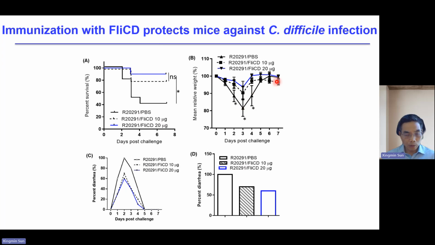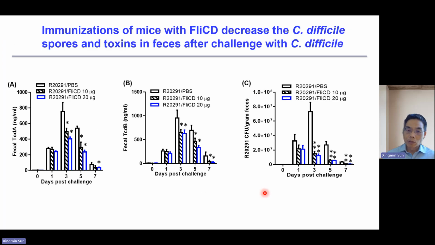Similar to humans, mice also develop weight loss after developing C. difficile infection, and we found a significant reduction in weight loss in the immunized group. We also monitored the diarrhea symptoms, and we found a significant reduction in the diarrhea percentage among the immunized group.